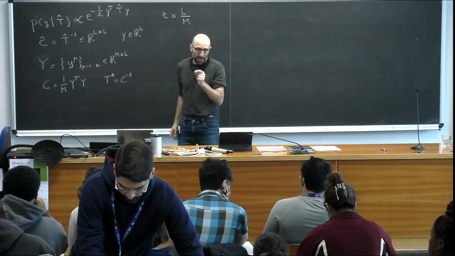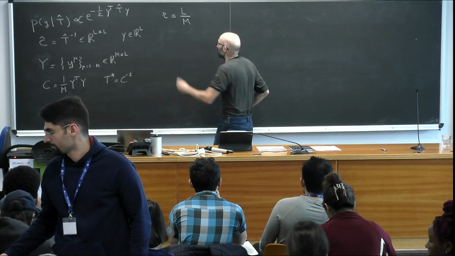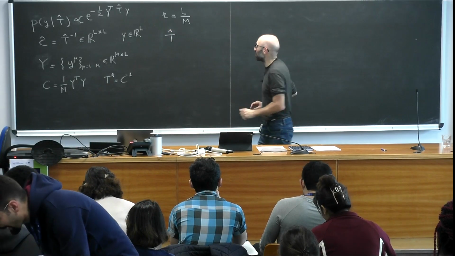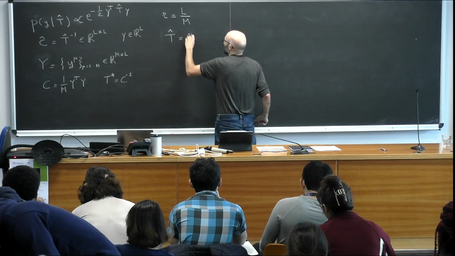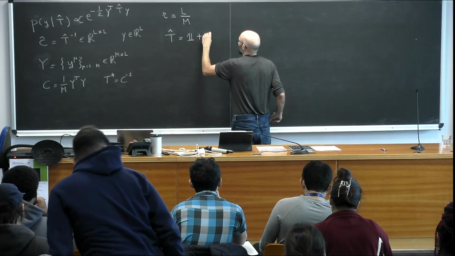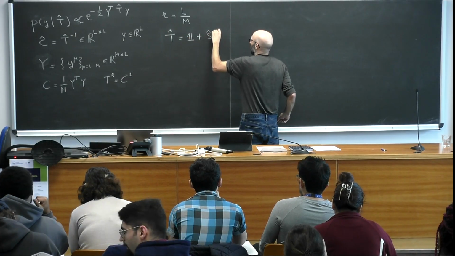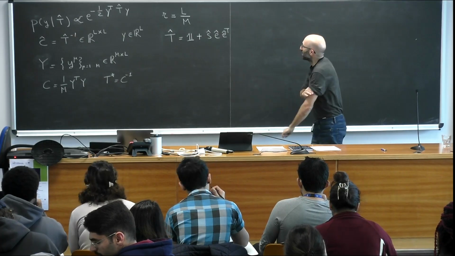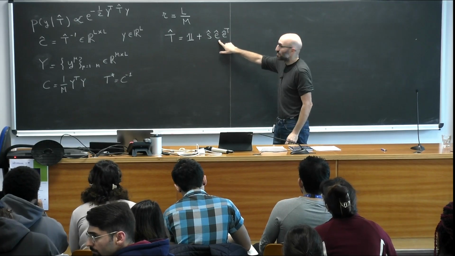So we have seen this in a particular example, where we took the simplest possible case, where T hat is the identity plus a rank 1 perturbation. So S hat is a number and E hat is a unit vector.